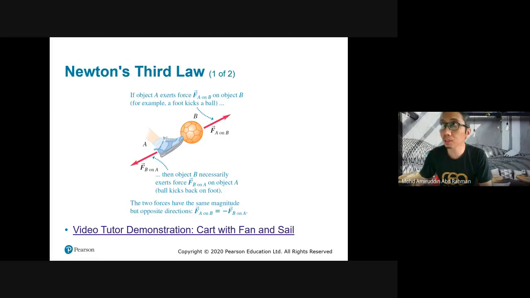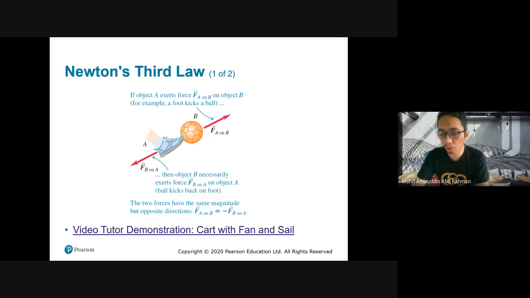Okay, so last Monday we stopped at Newton's third law, where we learned, remember the experiment, that when we have the cart moving to the right and the wind from the fan coming from the left, the cart is moving.